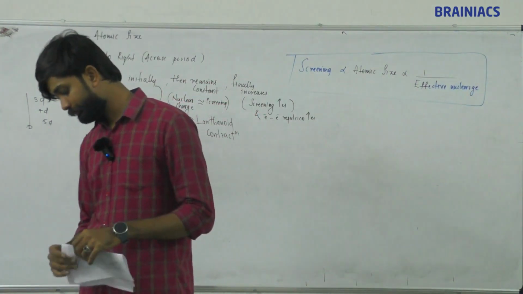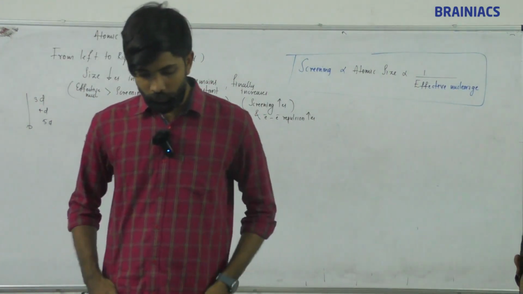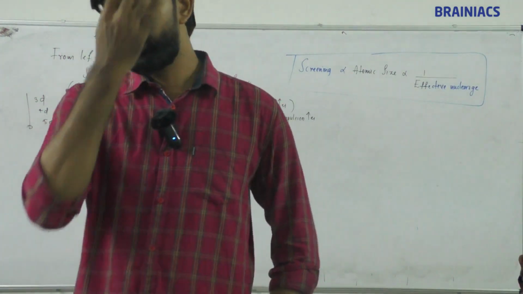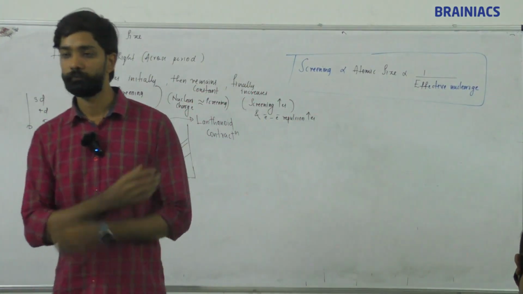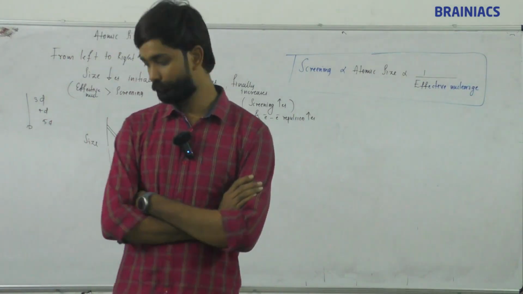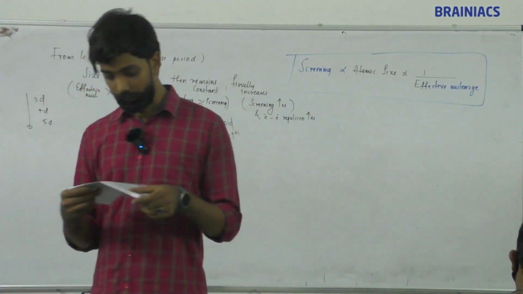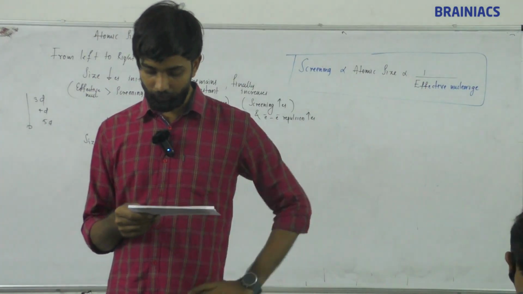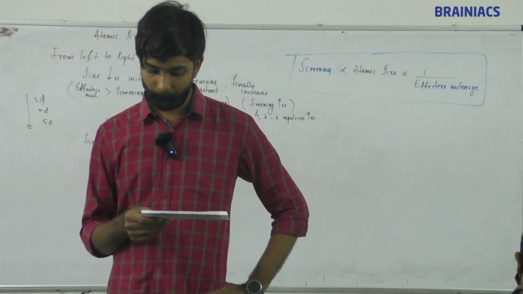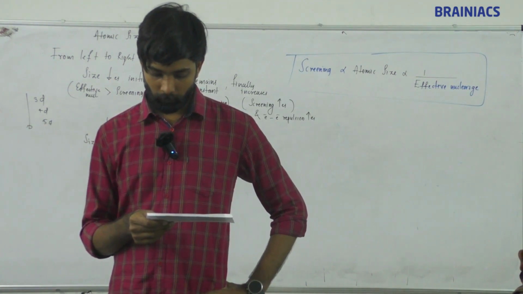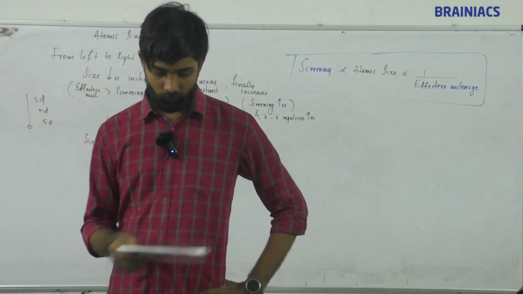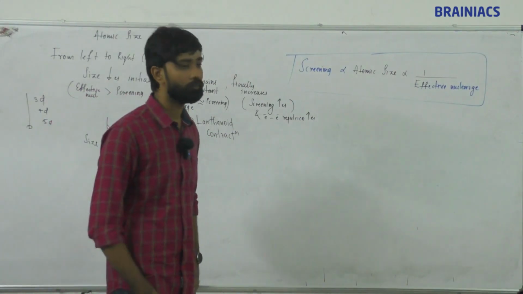In the 3d series, the ionization energy, the IE of zinc and manganese, are relatively high. Reason?